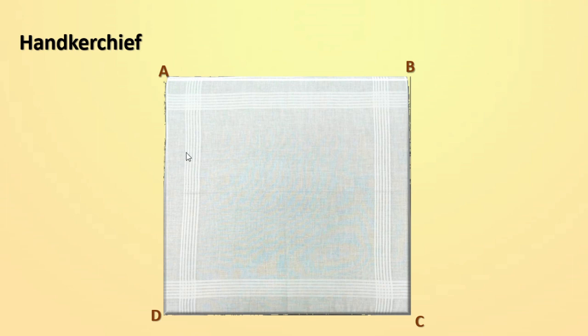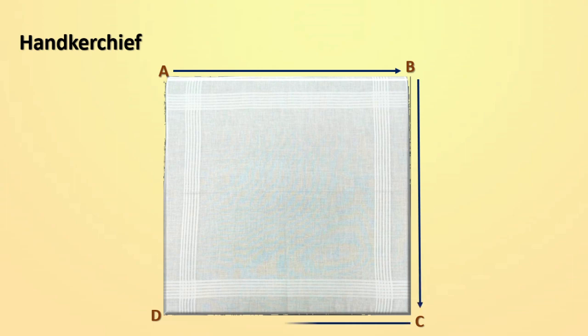She wanted to put the lace on all the four sides. Yes, dear children, how much lace does she need to trim this handkerchief? See, AB is the first side, BC the second side, CD third side, and DA is the fourth side. Yes, she wants to trim the lace on all the four sides, isn't it?